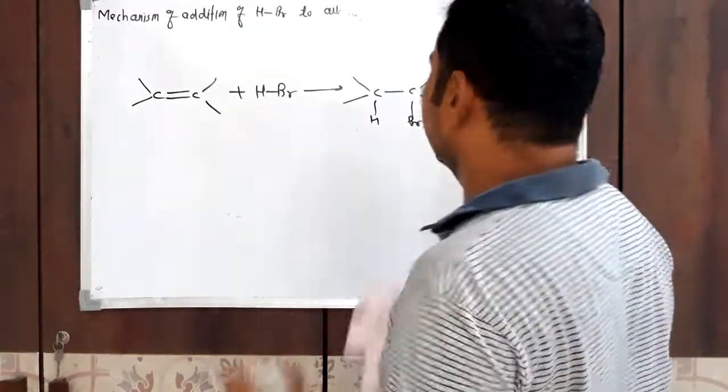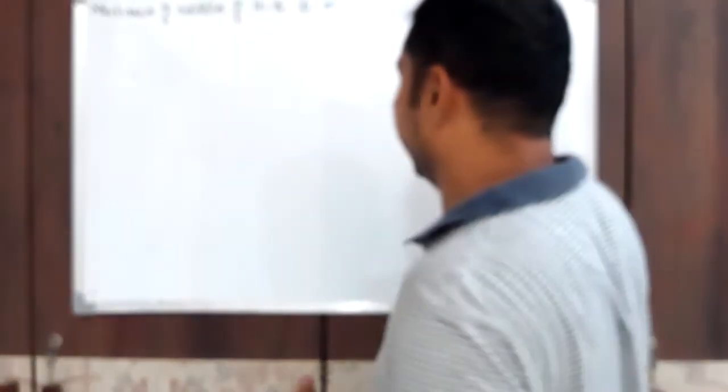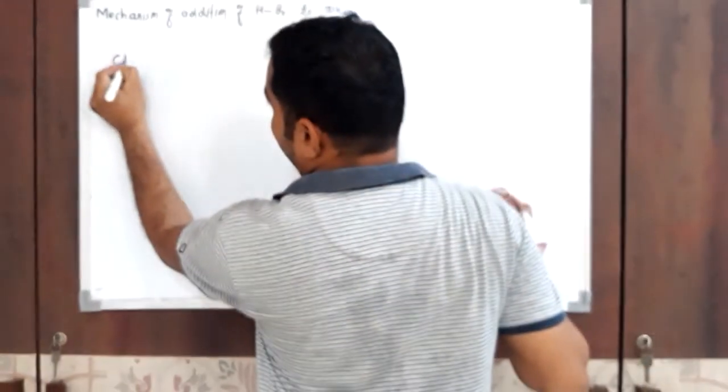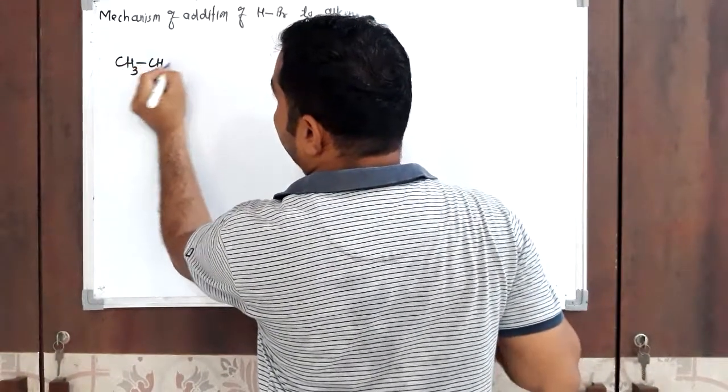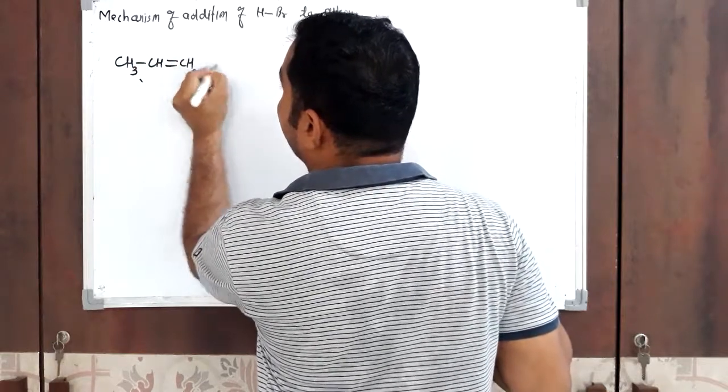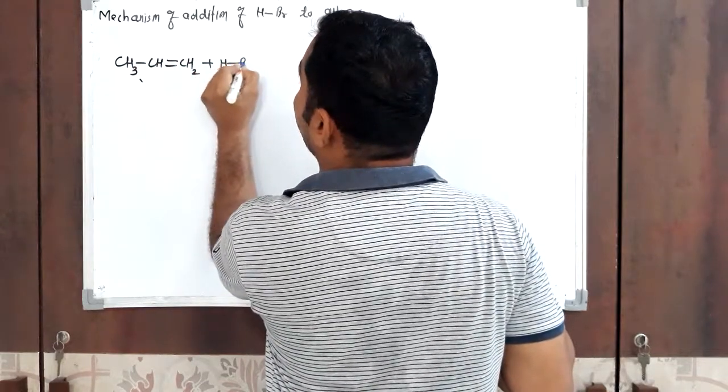Now just consider unsymmetrical alkene. CH3CH=CH2 plus HBr.